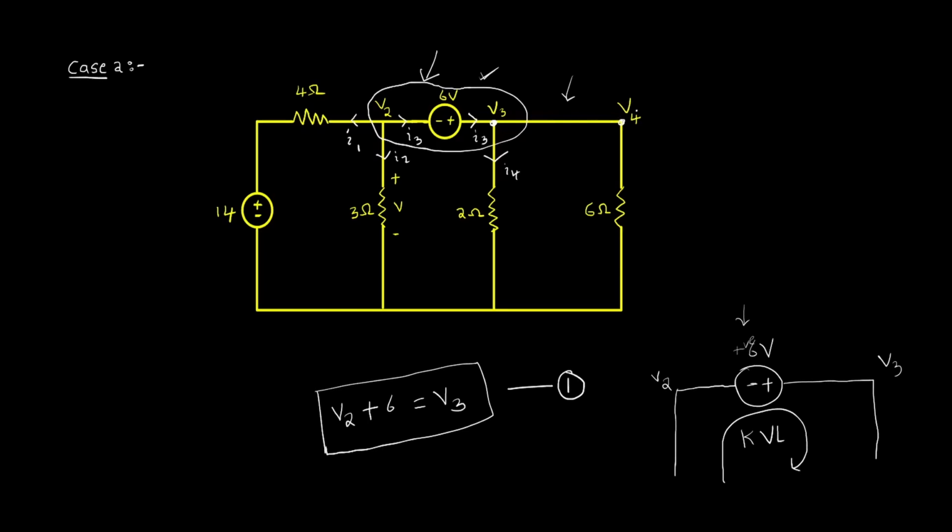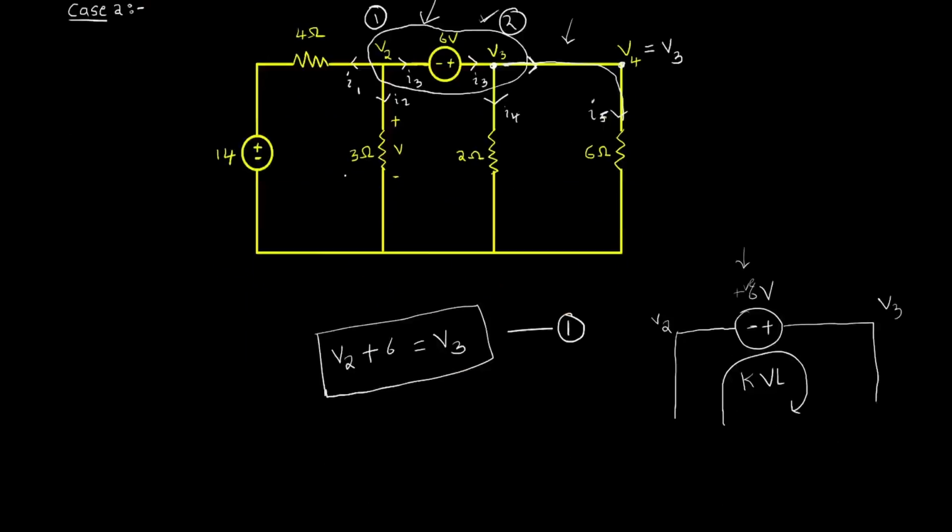So we can write this as equal to V3, and let us consider the current through this junction as I5. Now we apply the KCL rule at node 1 and node 2.